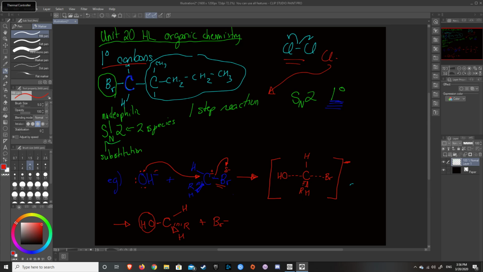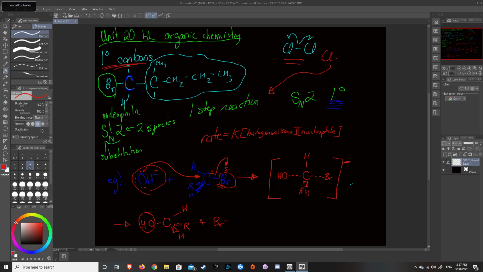But the important thing to take away from this is that SN2 occurs with primary carbons. It depends on both the leaving group right here, the bromine, and the attacking group. So if we were to write out the rate for this reaction, it's the rate constant times the concentration of the halogenoalkane times the concentration of the nucleophile.